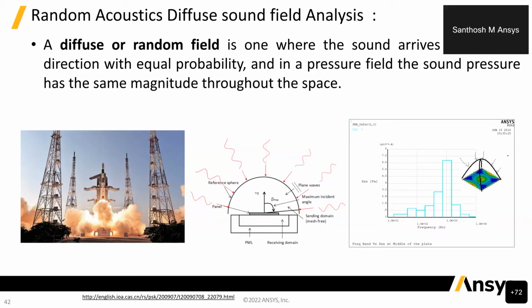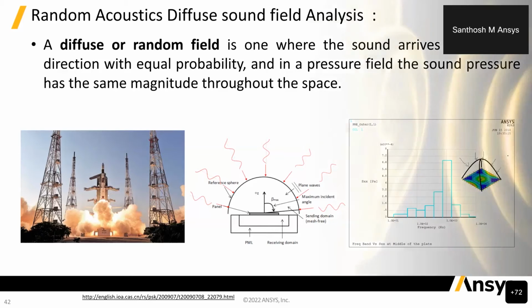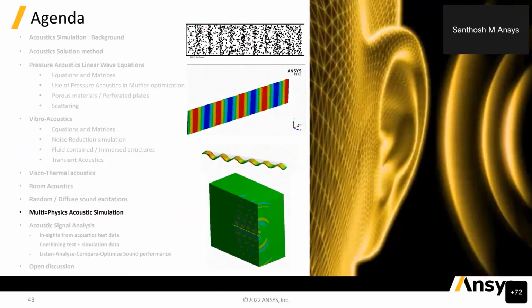In order to study those kinds of scenarios, we don't know exactly from what direction the waves are coming in to hit the structure. So we assume that the waves are coming at a random phase angle from all directions and hitting the structure. Then we study how much the structure is vibrating, how much noise is going inside the capsules where the satellites are sitting, those kinds of applications, right?